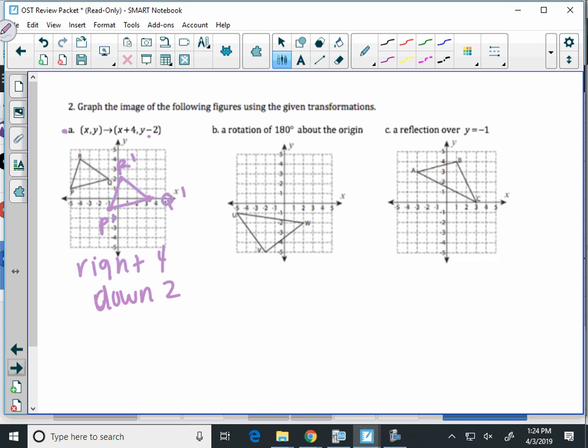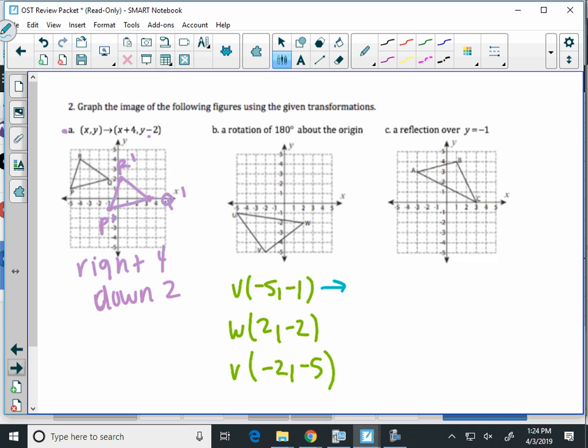Okay. When we take a look at B, when we do a 180-degree rotation, it doesn't matter if it's counterclockwise or clockwise, it's the same. Whenever you do a rotation, you have to write down the points. So when we do a 180-degree rotation, there is absolutely no flips.